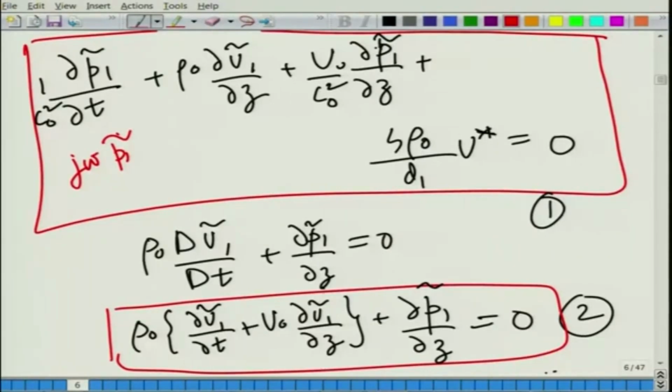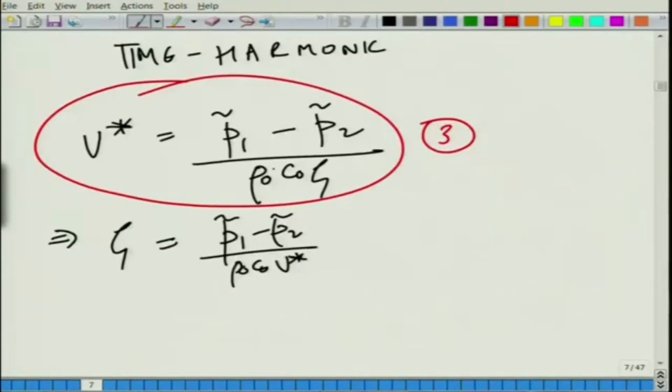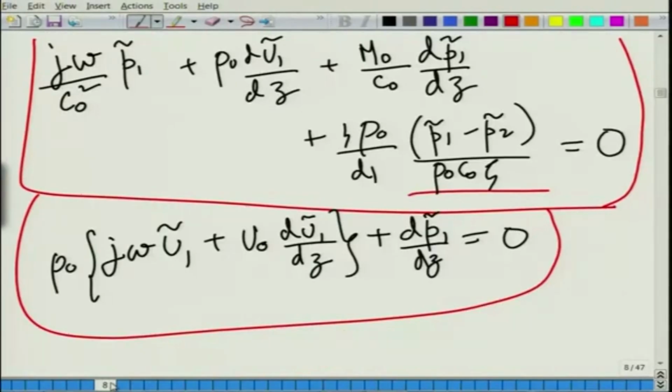Another thing that we have done directly in the equations that I have shown here is that you can clearly see P1 tilde minus P2 tilde divided by rho naught C naught zeta. So, this is substituted from equation 3 into equation 1, and we have just left it in this form for now, but we will obviously need to process the equations further.